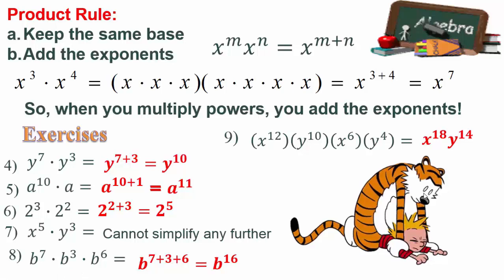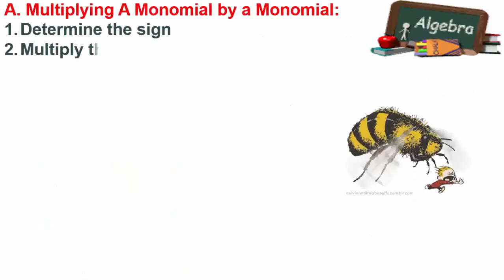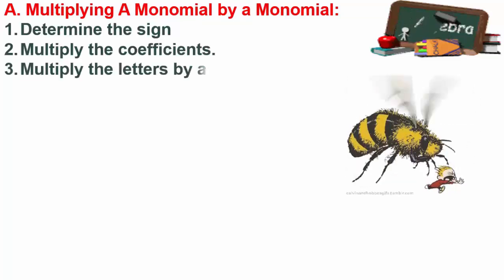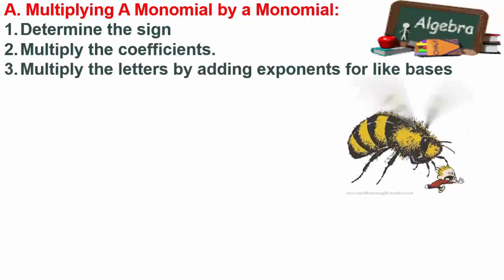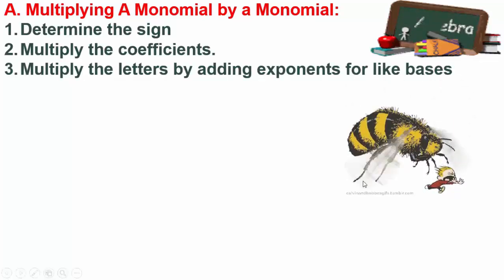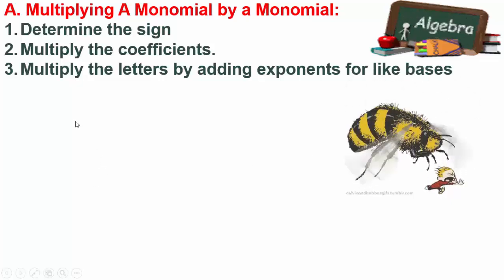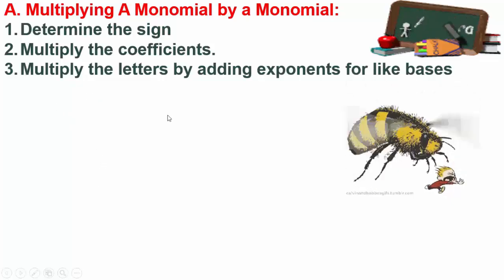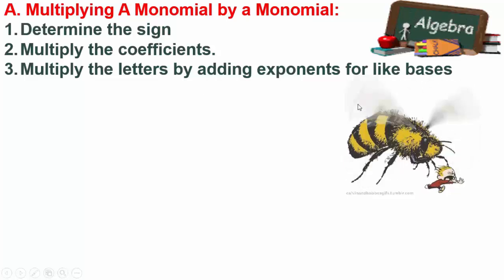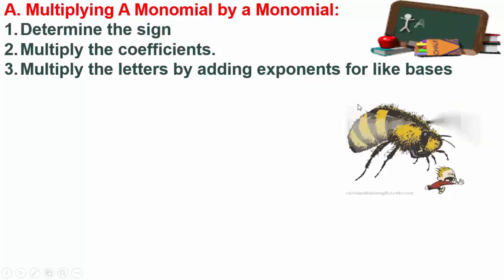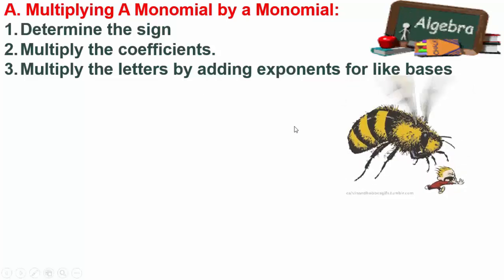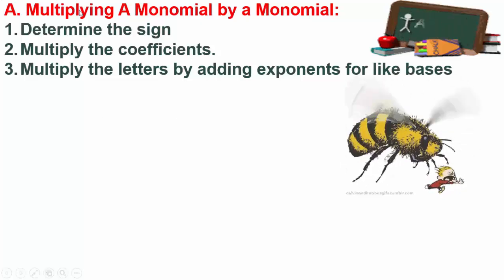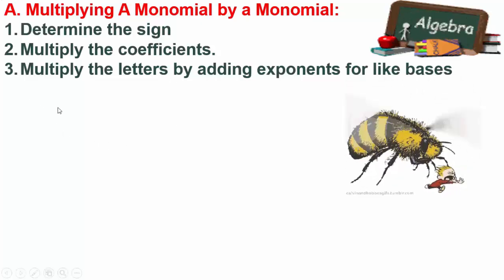When we're multiplying a monomial by a monomial, we want to determine the sign, and then we want to multiply the coefficients, and then we want to multiply the letters by adding the exponents for like bases. So let's look at some examples to understand what these instructions mean.